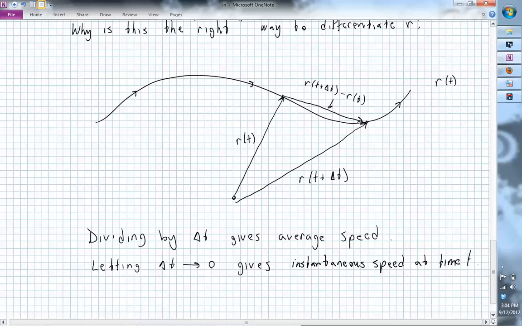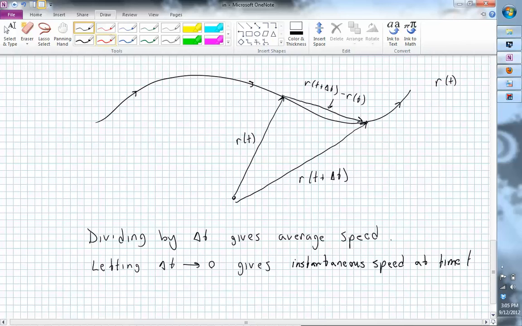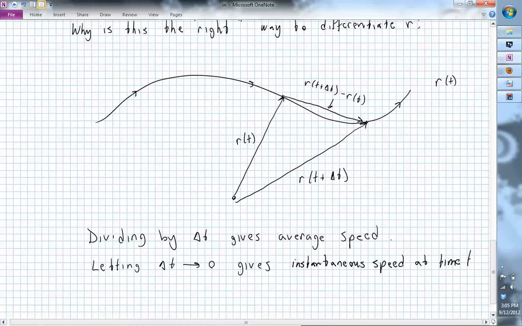So letting delta t go to 0 gives us the instantaneous speed at time t, and I'll sketch in what happens as we take the limit. What we get here, this is r prime of t.